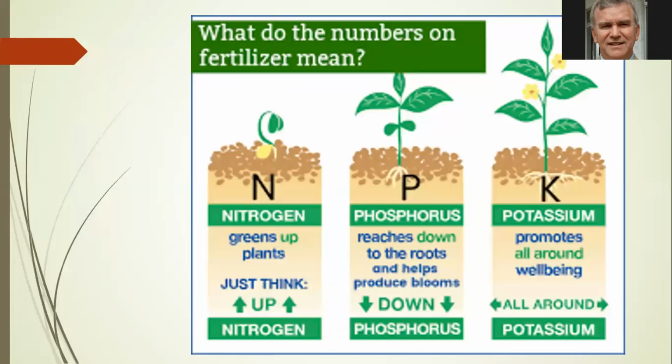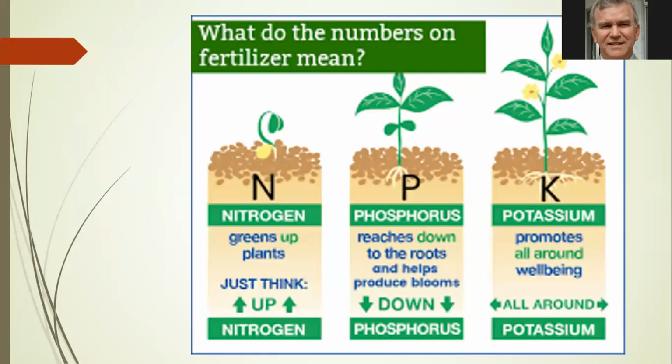So just to mention a little bit about the formula of fertilizers for macronutrients in NPK. The nitrogen, you should think of it as something that mostly goes upward in the plant, fueling the top growth of the plant. Phosphorus is a rock, and you should think of it mostly as being moved into the root system of the plant.